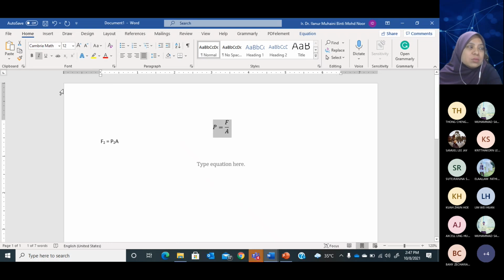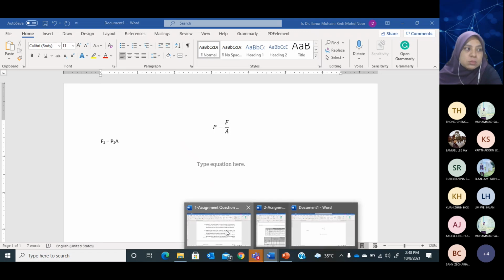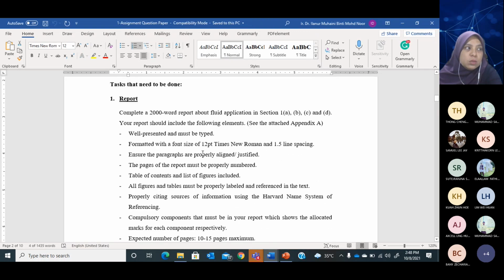Oh, cannot. Okay, I think equation cannot. So anything that you copy from internet, normally it will be Calibri 11. In the question, all must be 12 size Times New Roman. And then spacing.